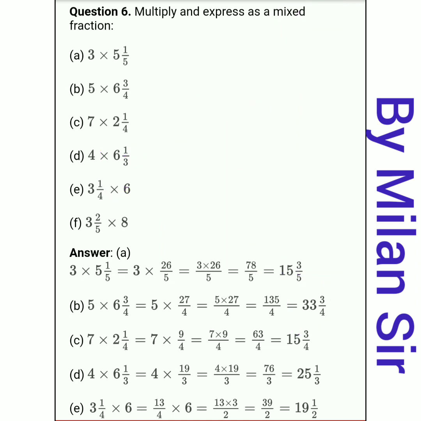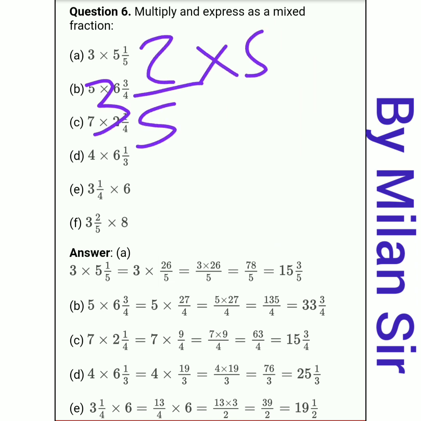Okay, then question number F, 3 integer 2 by 5 multiply 8. Okay, 3 integer 2 by 5 multiply 8. So here first of all we need to convert this. So 5 into 3, then we need to add our numerator.